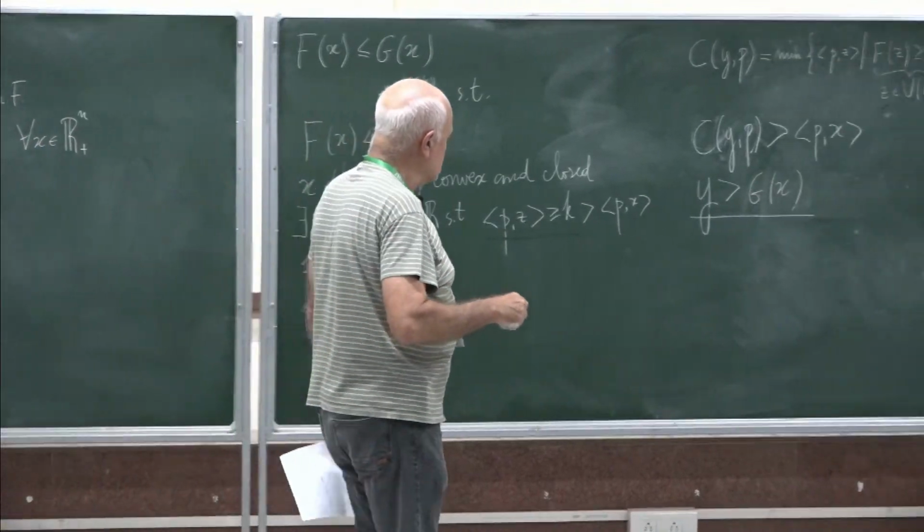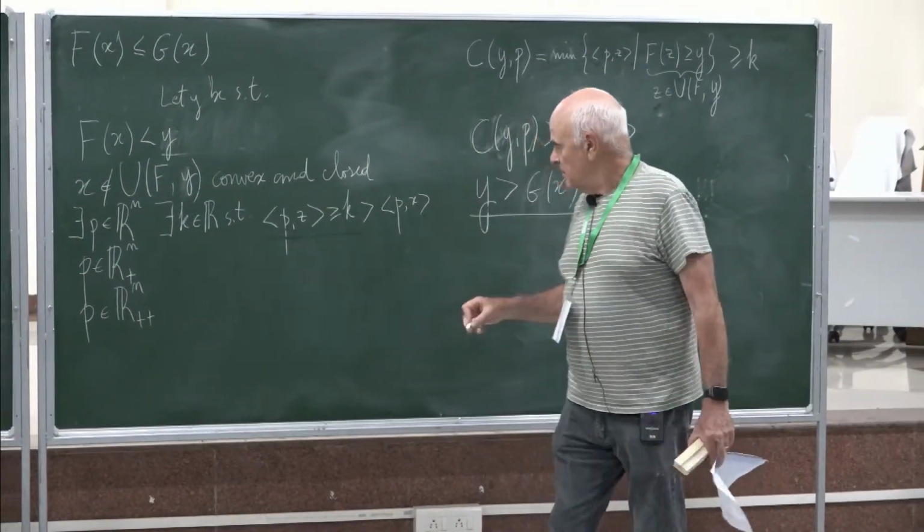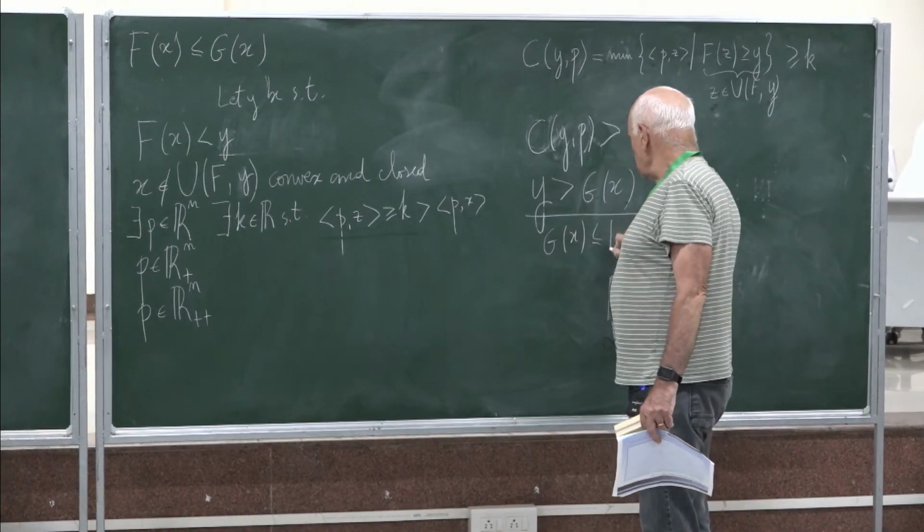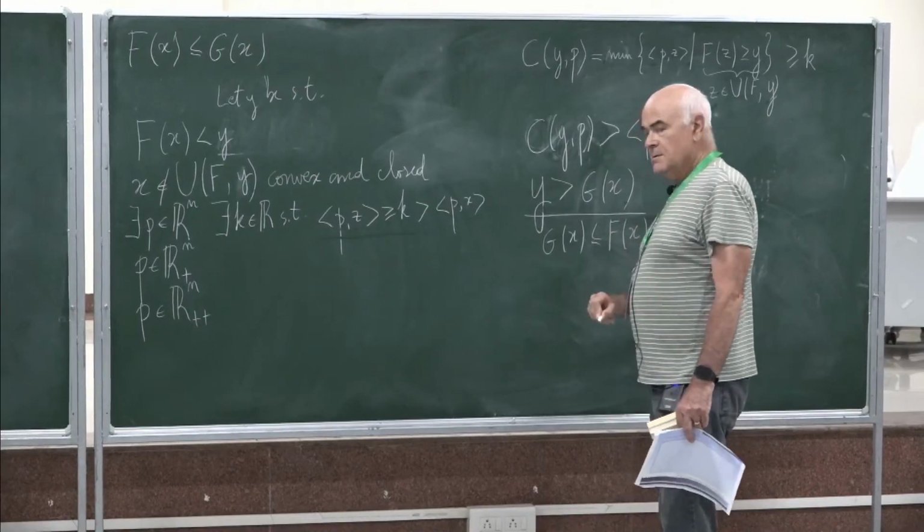So instead of proceeding by contradiction, I conclude that g of x is less than or equal to f of x.